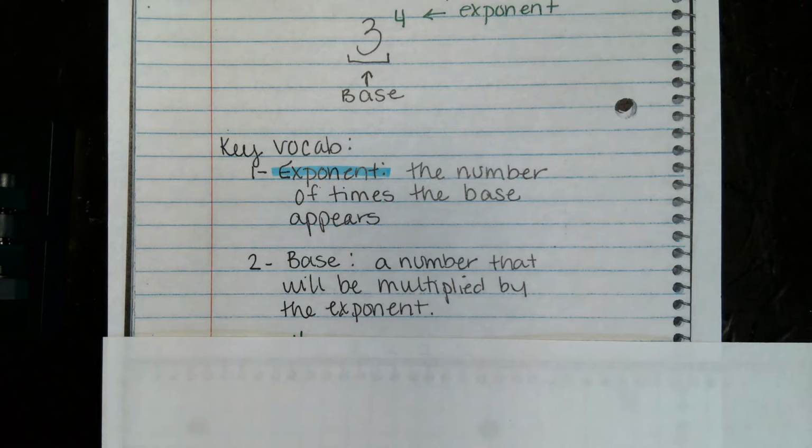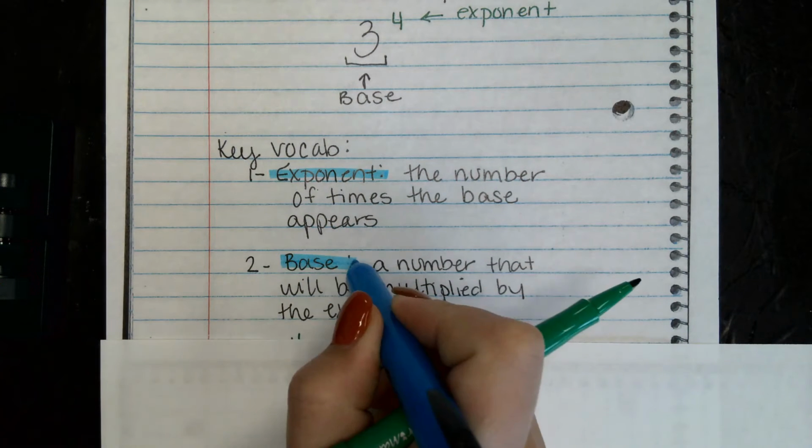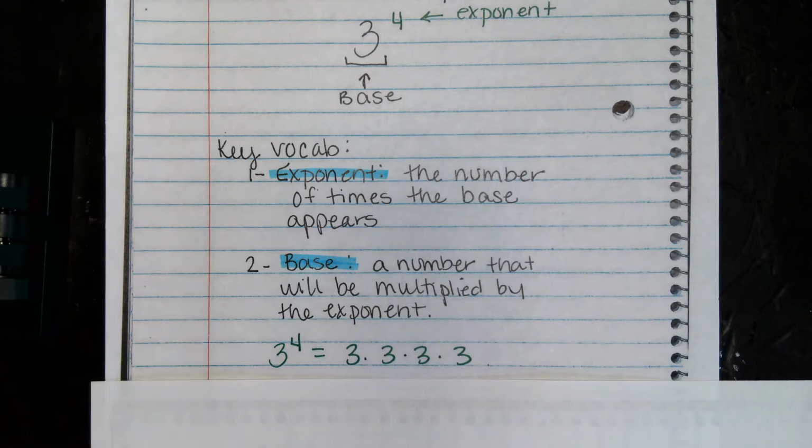And instead of going 3 plus 3 plus 3 plus 3, we're actually going to use multiplication, so 3 times 3 times 3 times 3. I'm going to highlight the word base here. And again, 3 to the 4th equals 3 times 3 times 3 times 3.